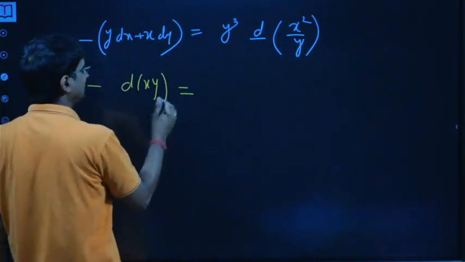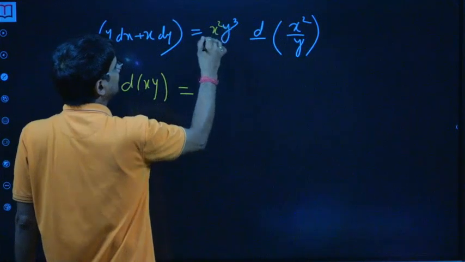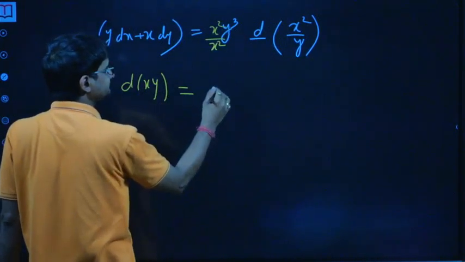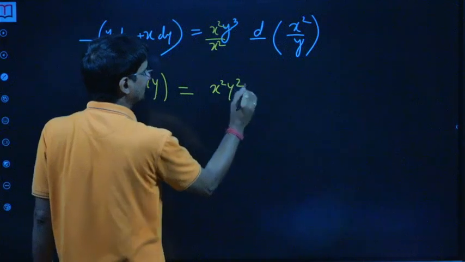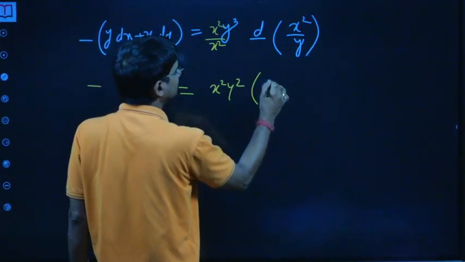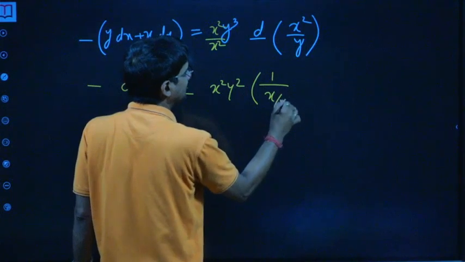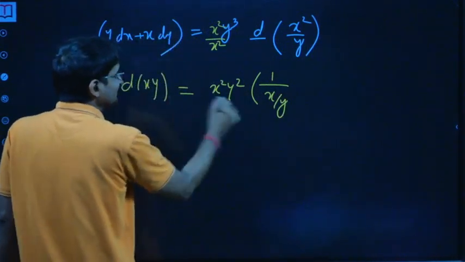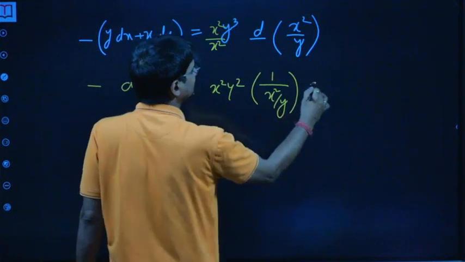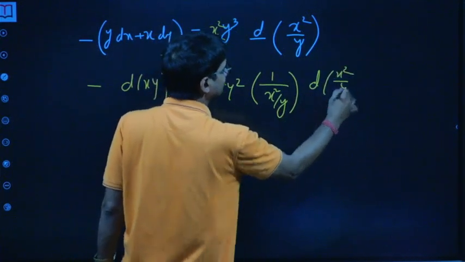If I multiply and divide by x square, it's x square y square into 1 upon x square by y, d of x square by y, got it.